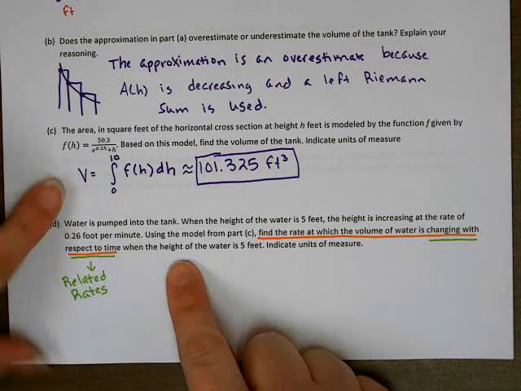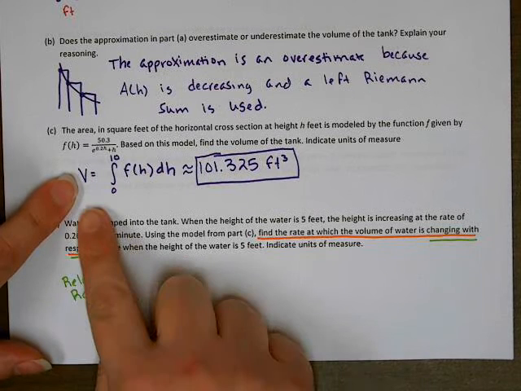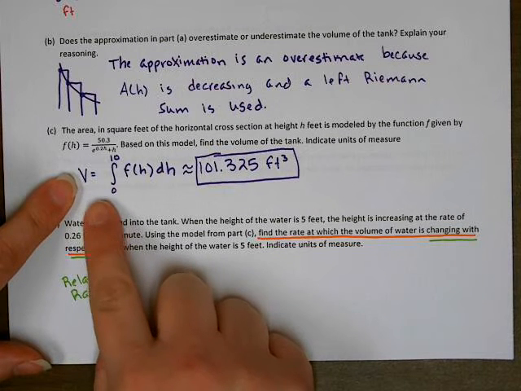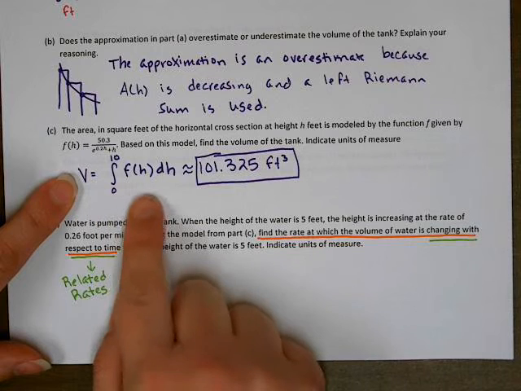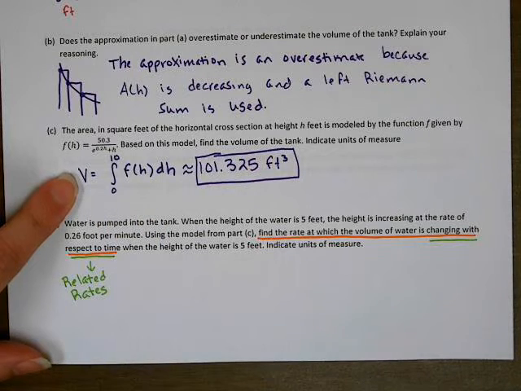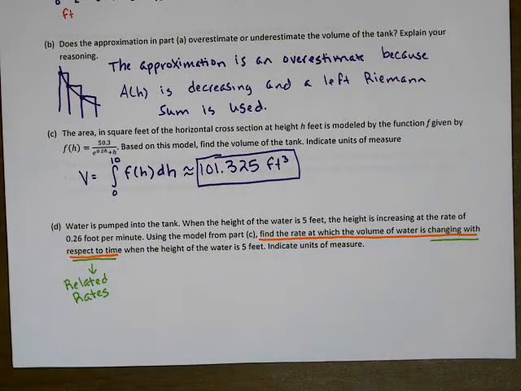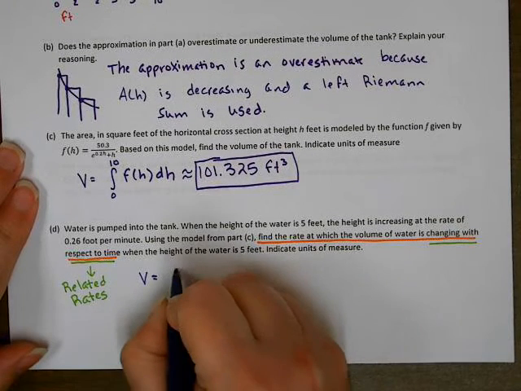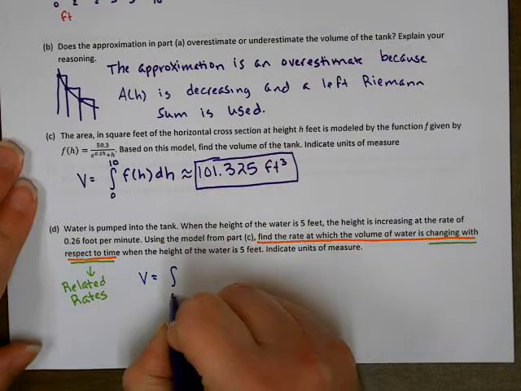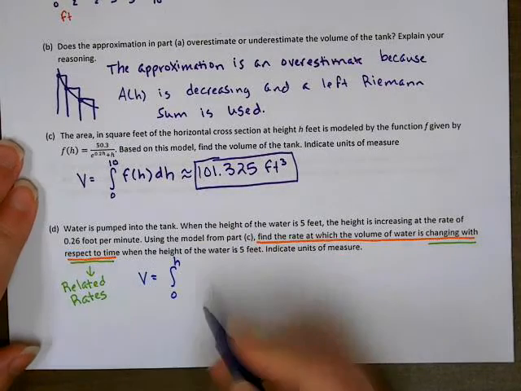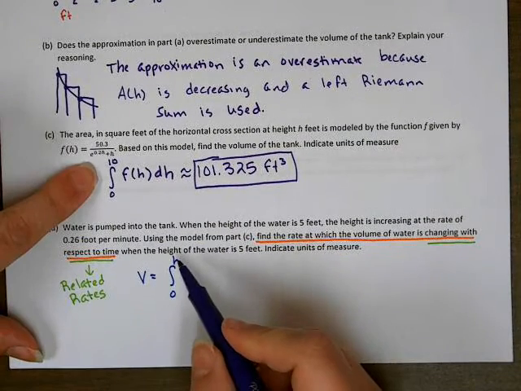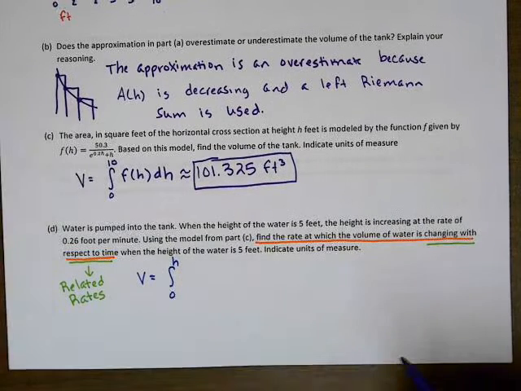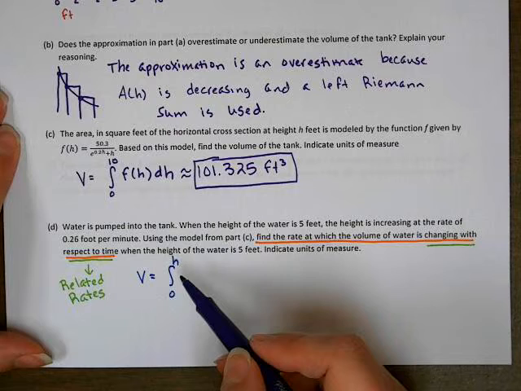So if we think back to part C, we said that the volume is equal to the integral of the areas of the cross sections. So we're going to start out by writing this integral. The volume is going to equal the integral from 0 to h. We're going to say h because h is going to be the height of the water in the tank.